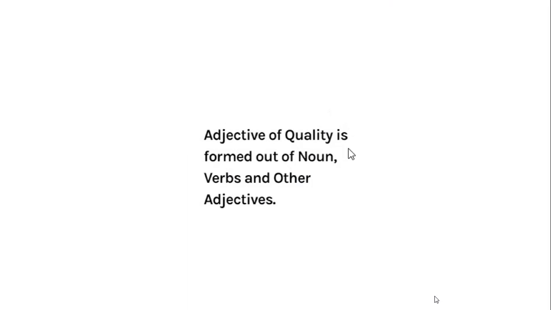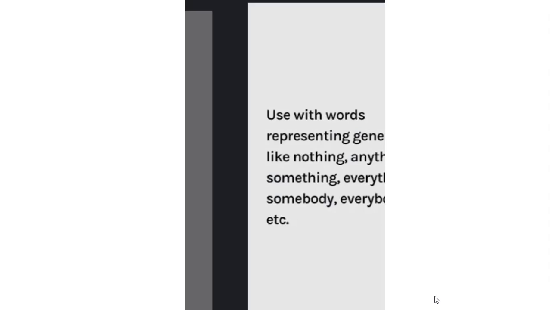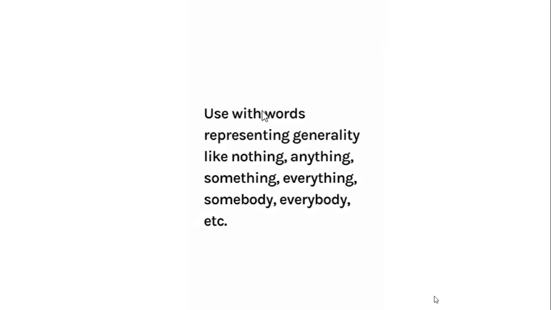It can be formed out of nouns, verbs and other adjectives. It can be used in different ways, like before a noun, and in combination with a noun and verb. We saw the examples. It can also be used with words representing generality like nothing, anything, something, everything, somebody, everybody, etc.